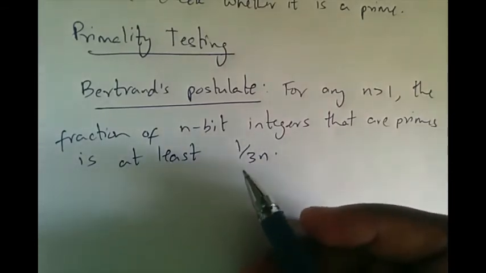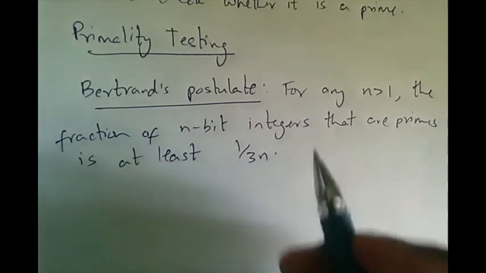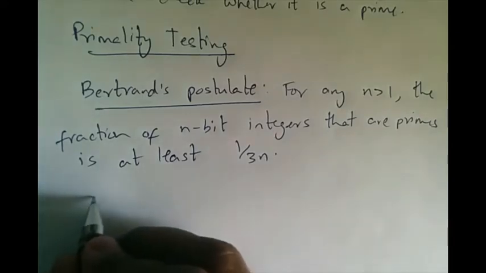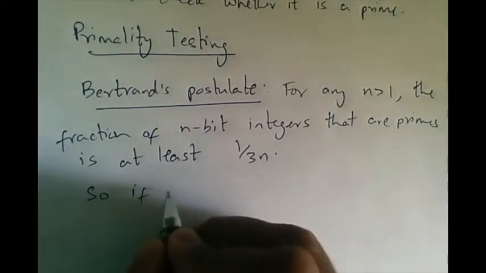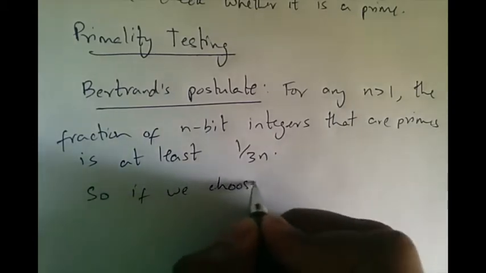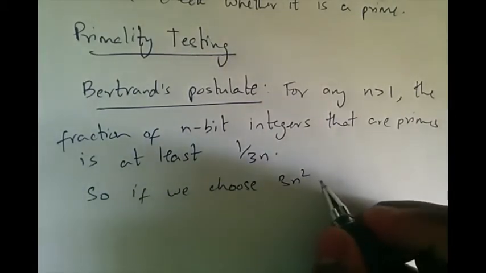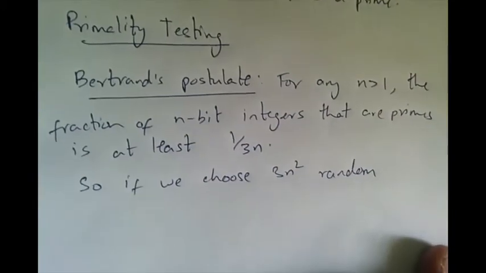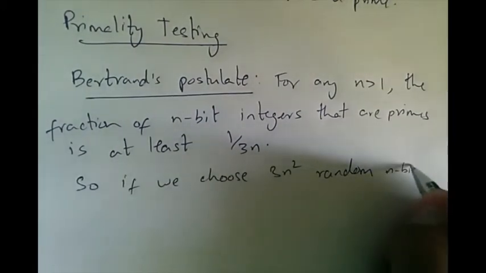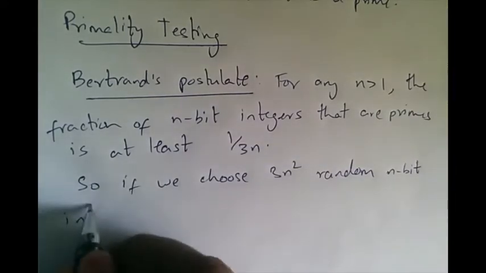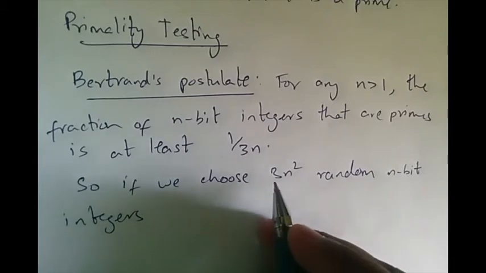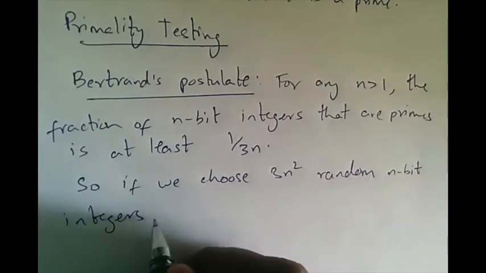That is true, but we have a larger space of integers to choose from also. So if we choose 3n square random n-bit integers, 3n square is still a polynomial in n. So you choose a polynomial number of integers.